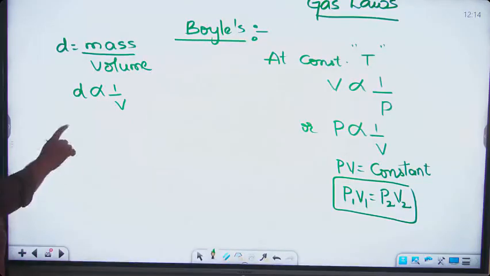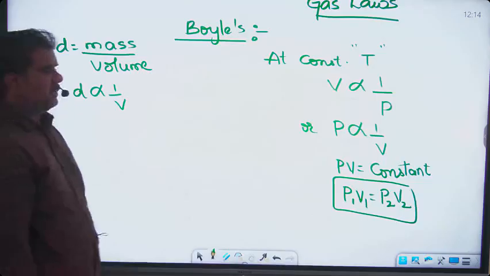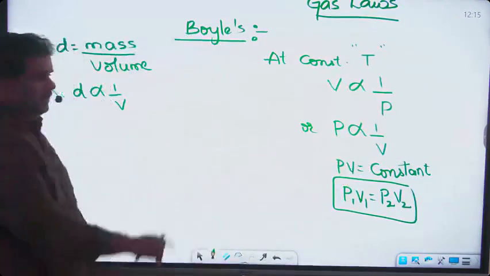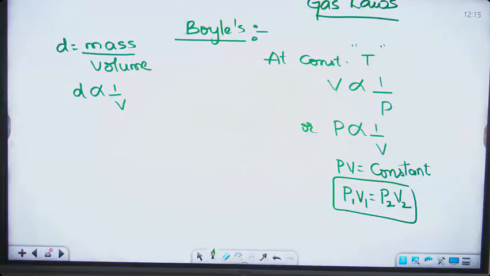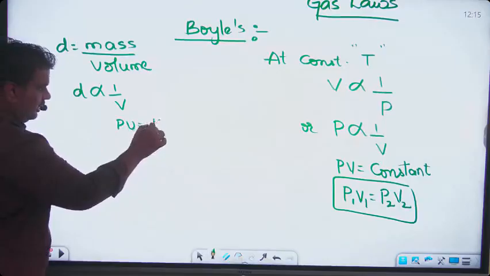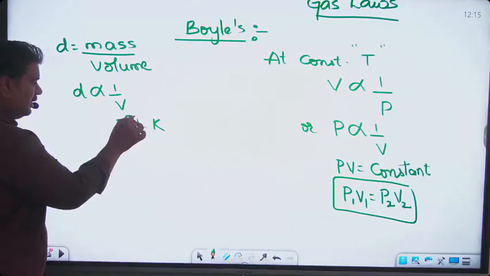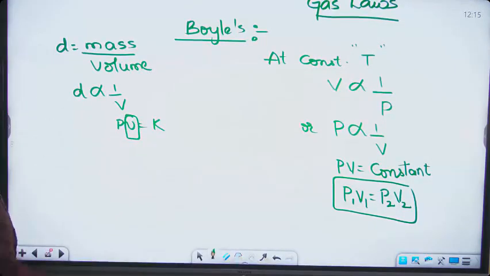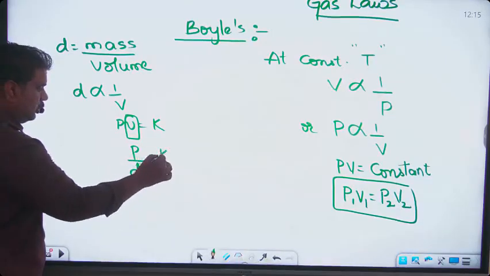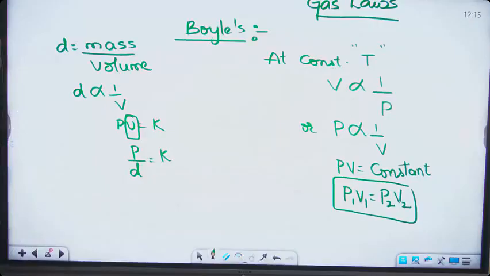Here in this case, pressure and volume are inversely proportional, so PV equal to constant. Now, if you replace volume with density, can we write this as P by D equal to constant? Because volume and density are both inversely proportional.